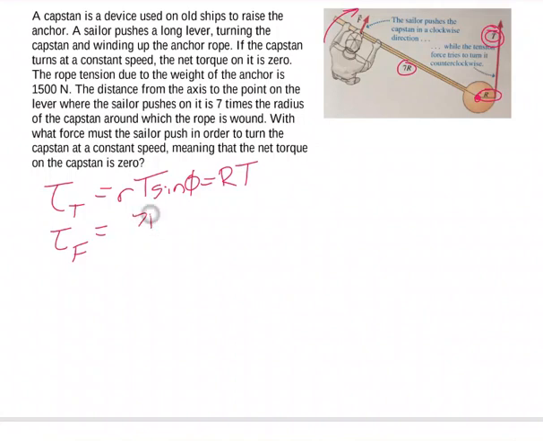So we have that. What else? It's not tension this time, but what is it? Force. The force, the F up here, is how much he's pushing on it. So 7RF. Now we also have to consider which way he's turning. He's turning clockwise, so this is negative 7RF.